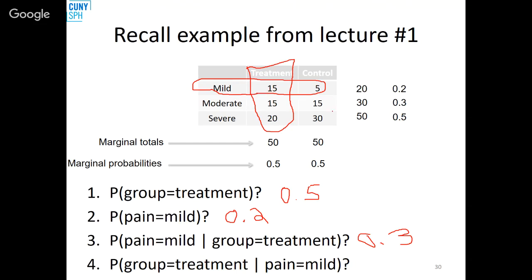I heard 15. 15 out of 20. So if you experience mild pain, you have a 15 out of 20 probability of being in the treatment group. So it's 0.75.